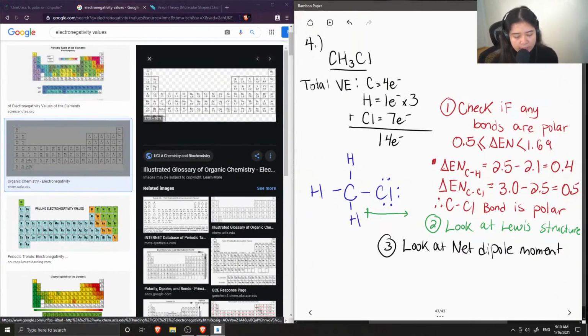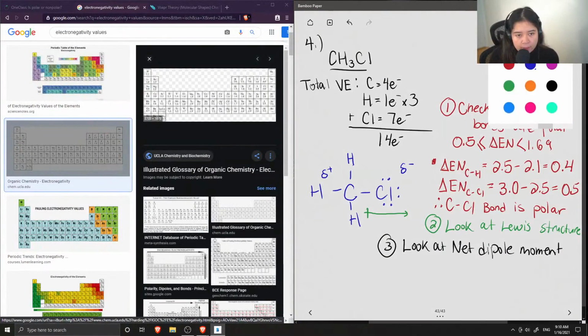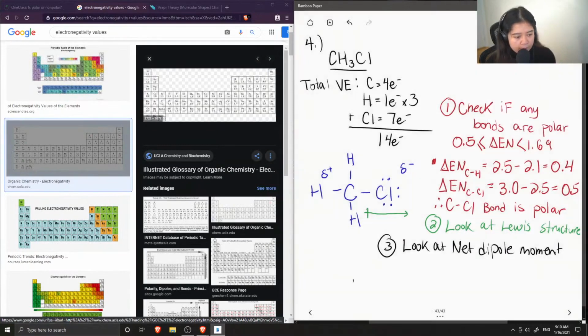So we have a net dipole moment moving towards the right of our molecule, causing a partially negative side and a partially positive side. Because of this non-zero dipole moment, we know that our molecule is polar. So I can say that CH3Cl is a polar molecule.